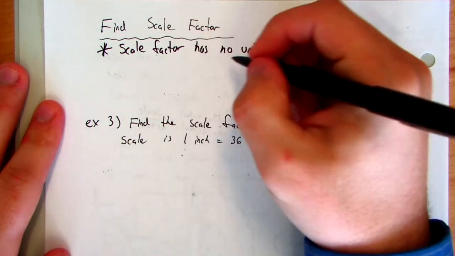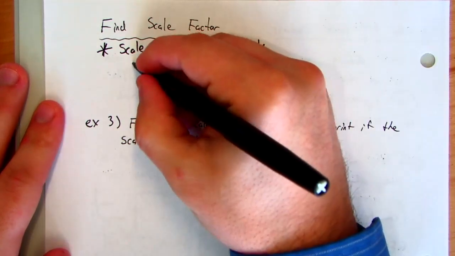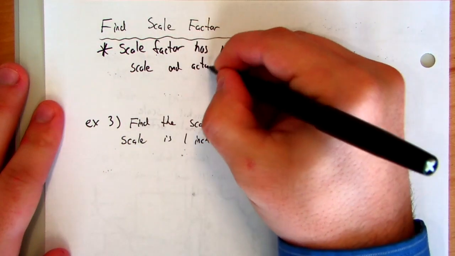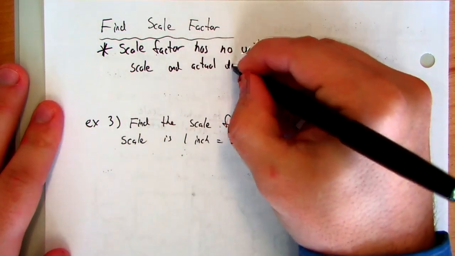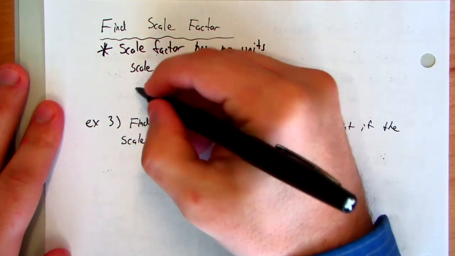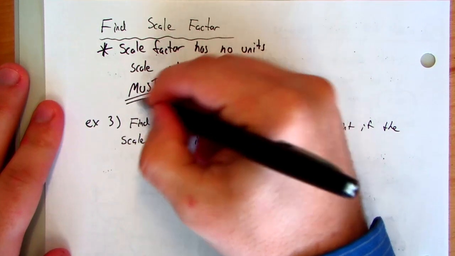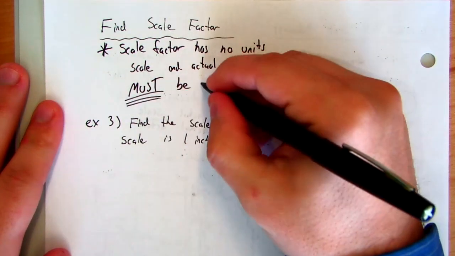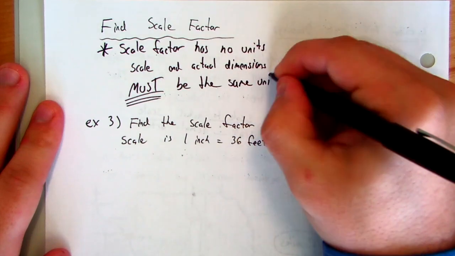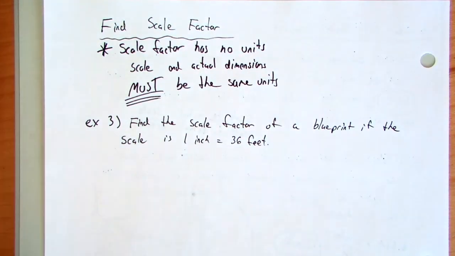Which means that both the scale and actual dimensions must, and this is big, must be the same units. Because if they're the same units, then they'll cancel each other out. They will simplify to just no units.